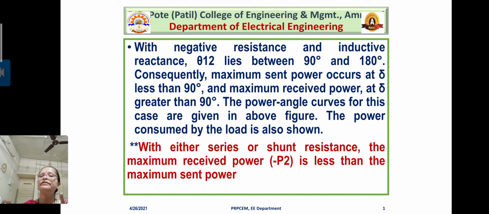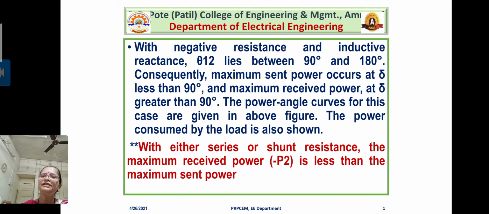If you observe on the previous slide those power angle curves, we find there that delta M1 occurs at less than 90 degree, whereas maximum received power at delta greater than 90 degree, that is delta M2. Correct? So the power angle curves for this case are given in the above figure. The power consumed by the load is also shown. That is the load line, it is also shown on those power angle curves.